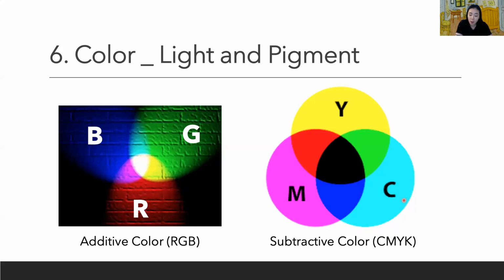CMYK color is used for all kinds of printing, like T-shirt printing, product printing, magazines, books, all kinds of physical colors. So that is called subtractive color.